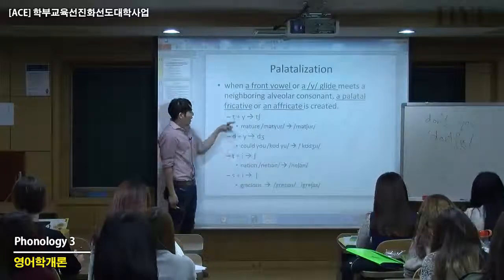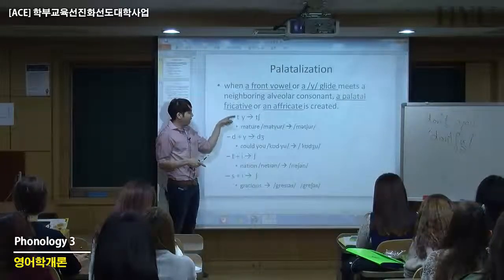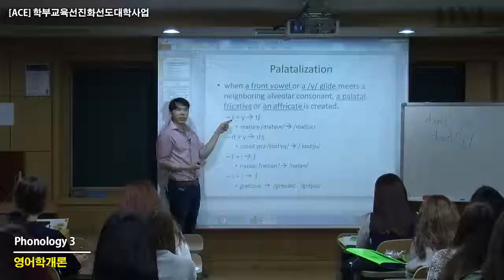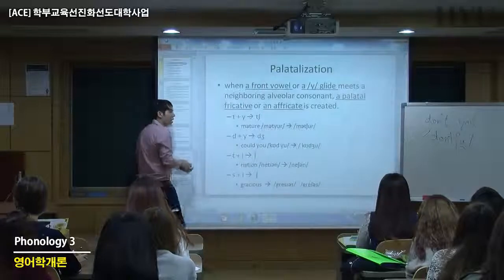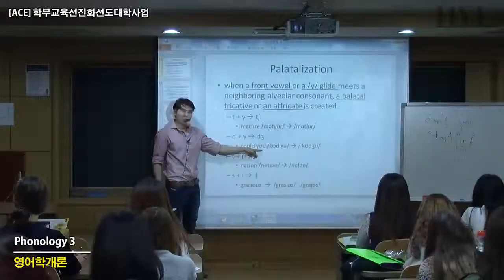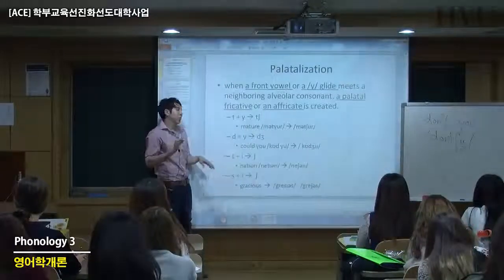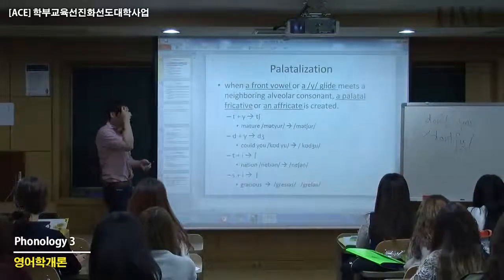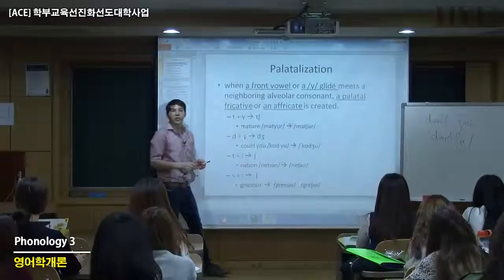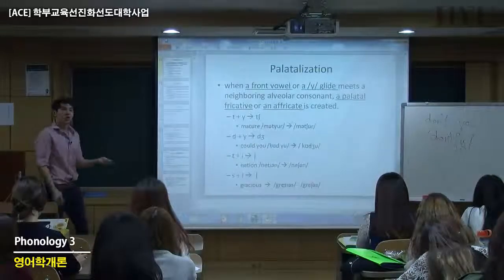On the other hand, if the first sound is voiced, right, it is a D instead of a T, it's voiced. Then you have a D with a 3, like this, J sound. Could you, normally speaking, will become "couldja". Could you do that for me? Or did you, right?